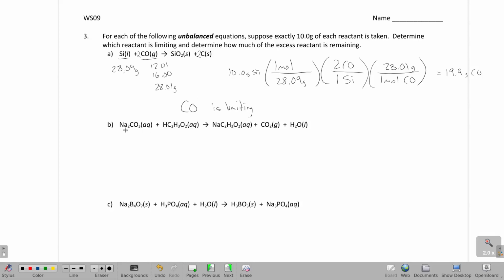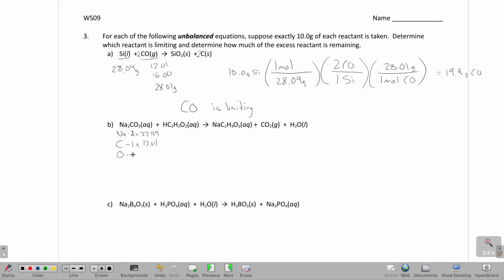Alright, on the next one, going to do the same type of thing. So we're going to get the molecular weights of the sodium carbonate and the acetic acid first. So sodium has a molecular weight of 22.99. Carbon, there's 2 of those, has a molecular weight of 12.01.